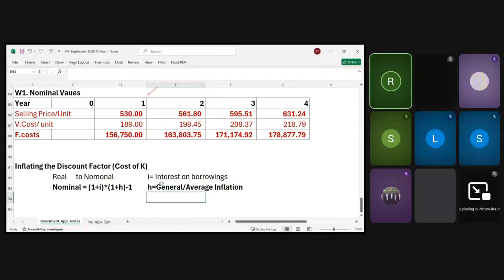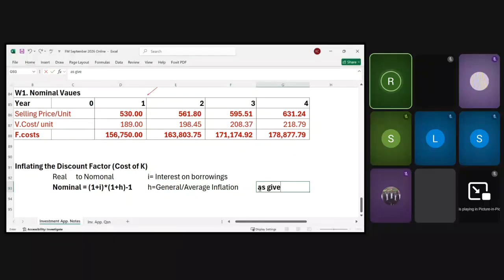What does that mean? Since the discount factor is going to discount all these three variables, it's not fair for us to inflate with 6%, 5% or 4.5%. Rather, we inflate our discount factor using the general or the average rate as given.